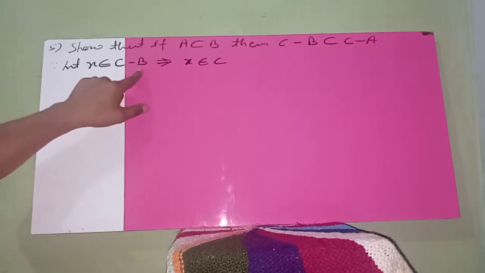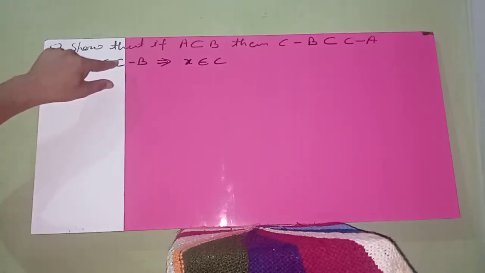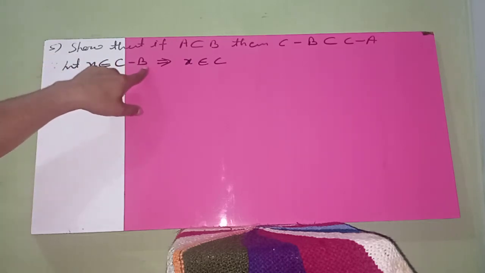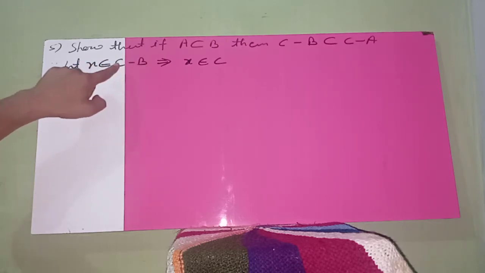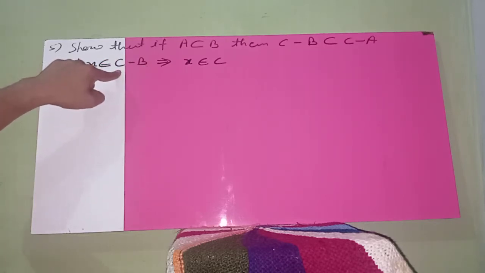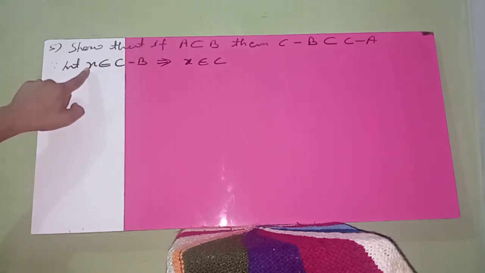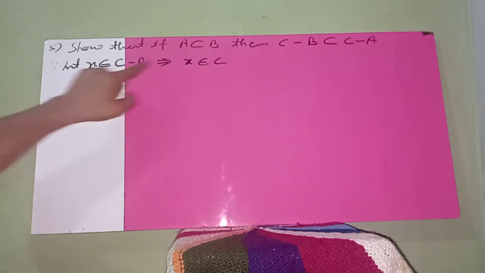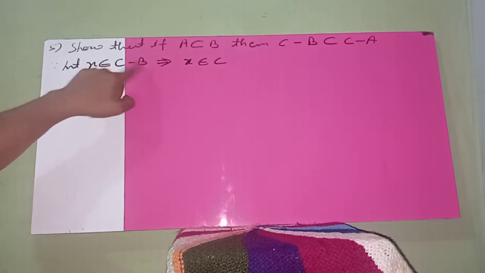We take all the elements of set C which are not inside B. So it means if the element X has come in C minus B, then that X will be a remaining element of C which is not in set B.